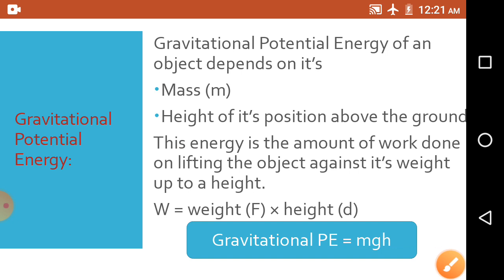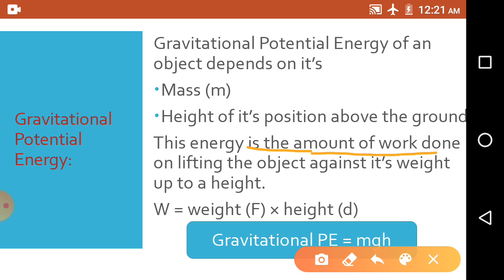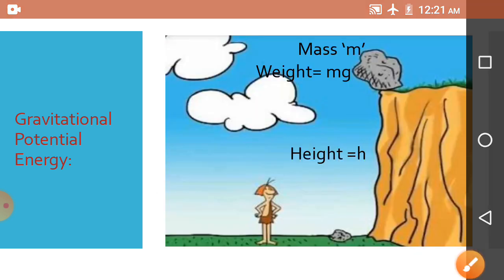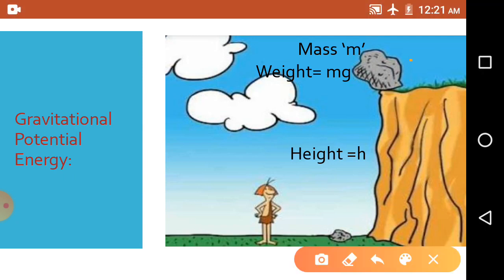See this statement carefully. The gravitational potential energy at a height h is the amount of work done on lifting the object against its weight to the height h. Let me make it clear. Whenever the stone is reached up to that height, while it is lifted up, there is some work done on it against the force that acts downward, that means against its weight.